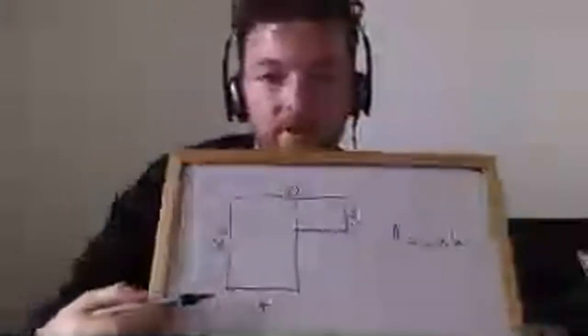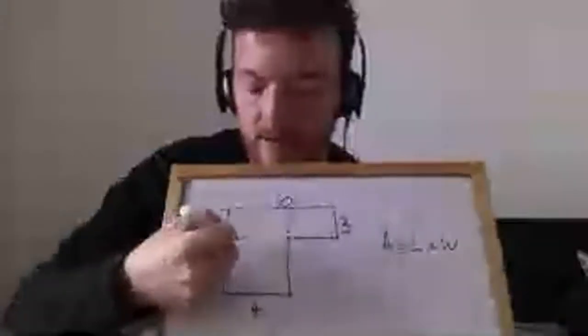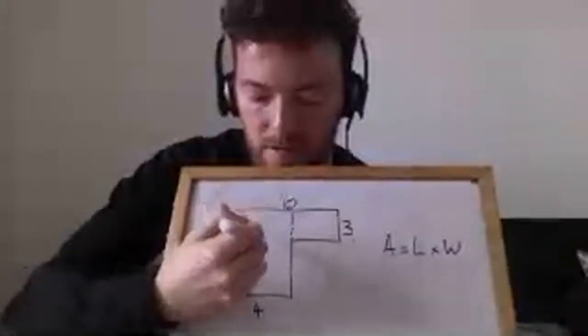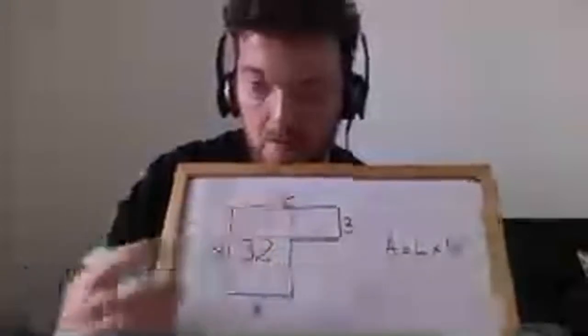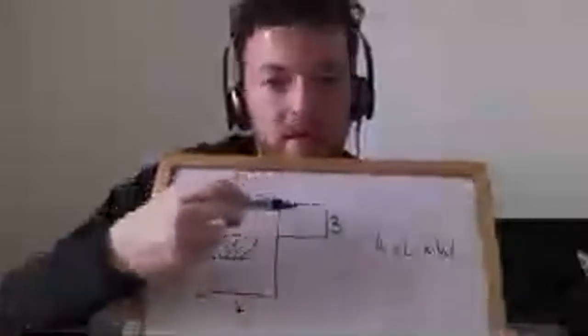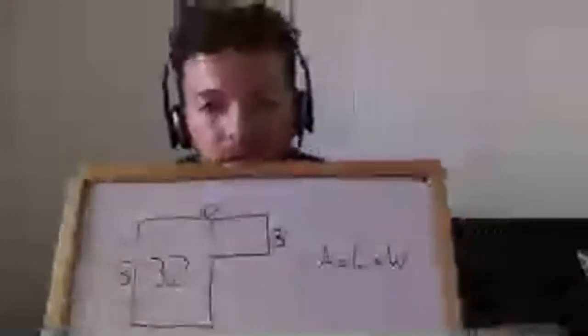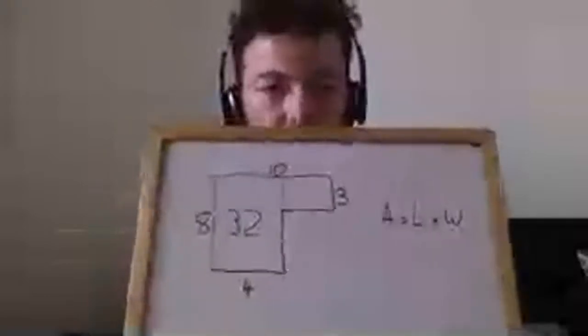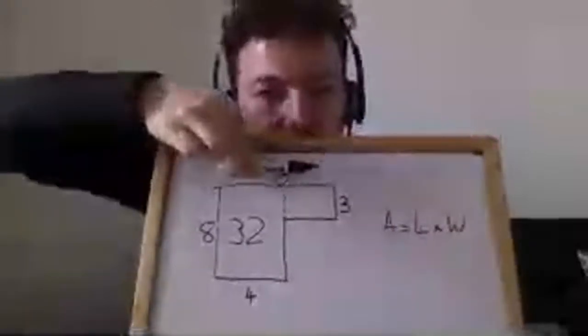This one now measures 4 by 8. So this side is 32. So that's 32. Over here, this measures 3, and I don't know how wide it is. Okay, so I need to use a bit of detective work. This line up here is worth 10.